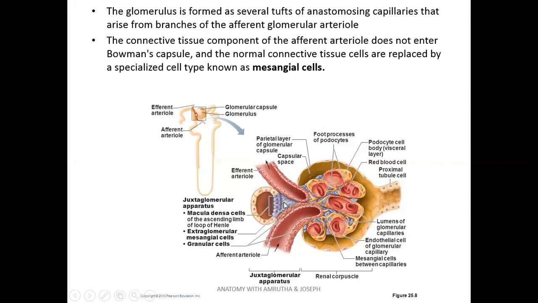So mesangial cells are the connective tissue of the blood vessels which are going to enter into Bowman's capsule, and they are specialized here. Mesangial cells.